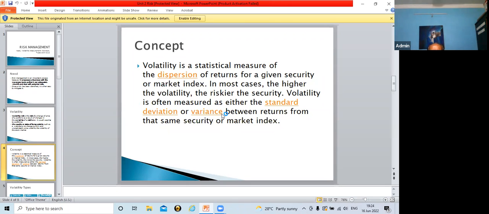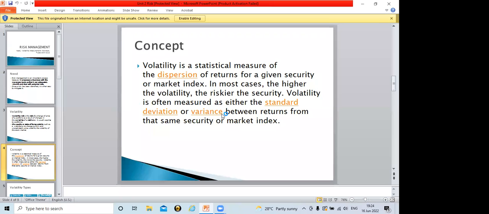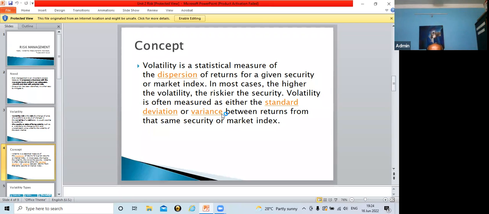Can you share with me? Unfavorable variance happens when the actual value is more than the budgeted value, or the actual value is more than the standard value. That time it is known as unfavorable variance.